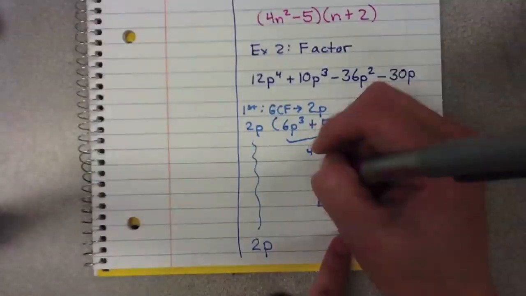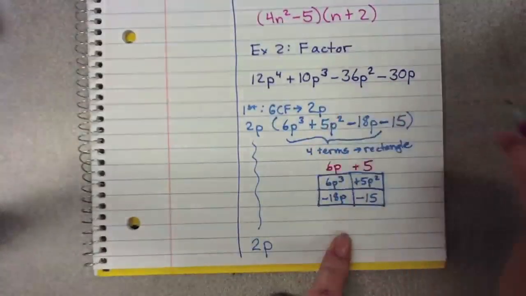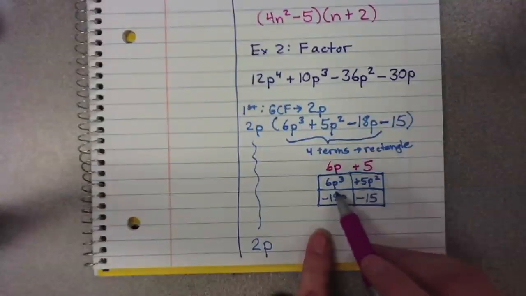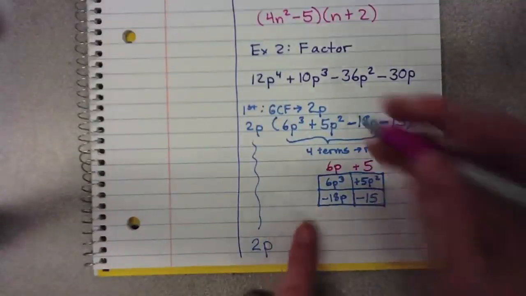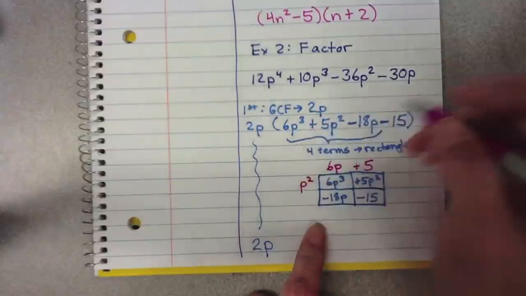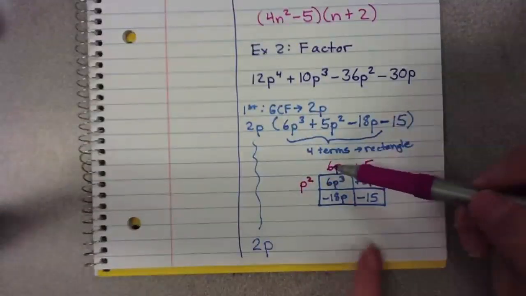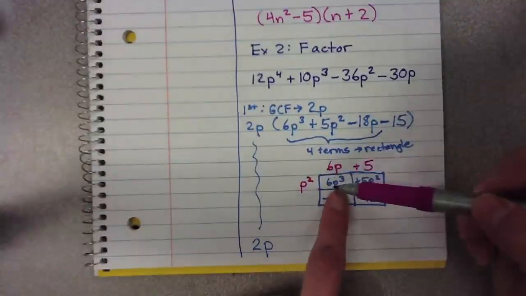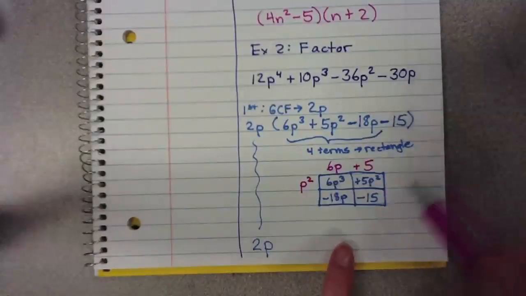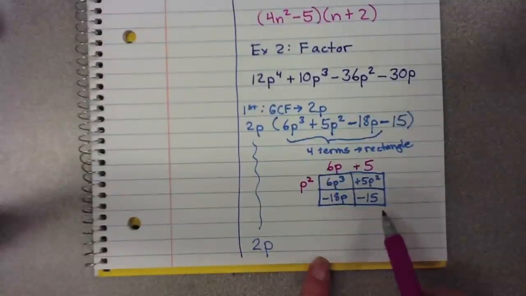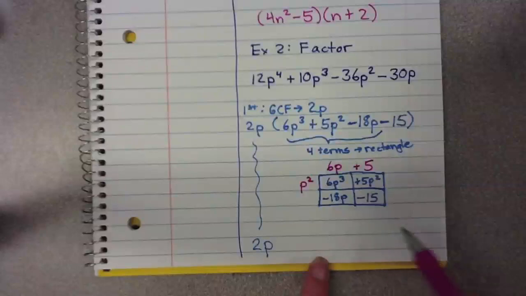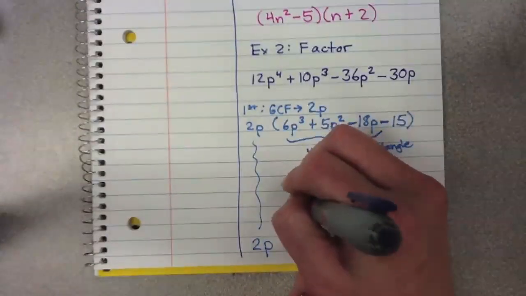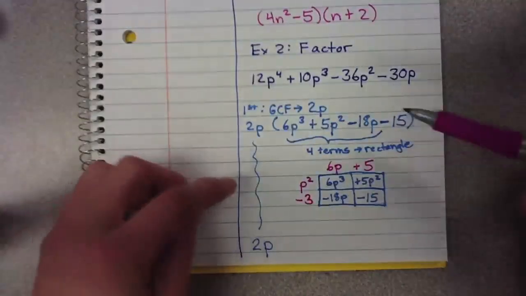So always check. 6p, greatest common factor here. P squared. No. So if you had pulled a 3 out here and a 1 here, notice it wouldn't multiply to be 6. Okay. And then what is your greatest common factor here? Negative 3, right?